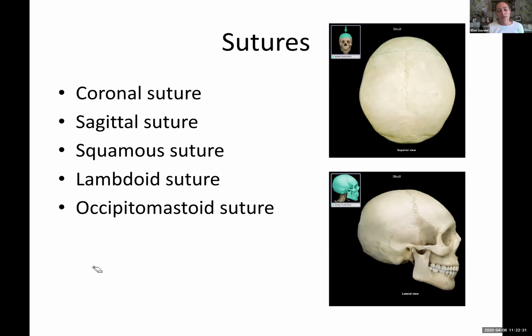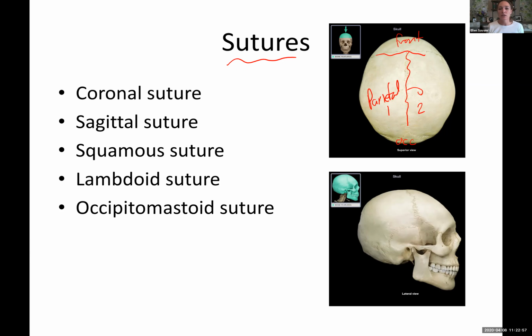So these outside bones are connected via sutures. You can see the sutures as these wiggly lines. Here we have the parietal bones, 1 and 2. Then this here is the back of the head, so this would be the occipital bone, and this would be our frontal bone.